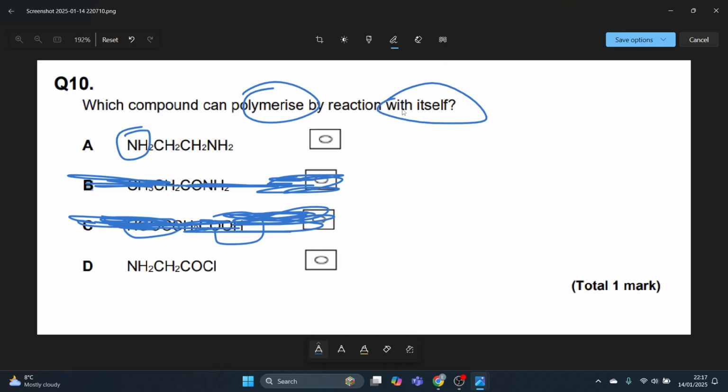How is that going to polymerize by reaction with itself? It's just diamine, two NH2 groups. No, I need a different functional group. That's perfect. NH2 and COCl. The answer is D. That's the end of multiple choice questions for polymers.